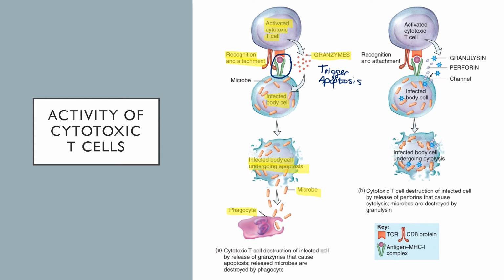Alternatively, on the right here, the cytotoxic T cell will bind to infected body cells and release two proteins from their granules. These are perforin and granulysin. Perforin will insert into the plasma membrane of the target cells and creates channels in the membrane.